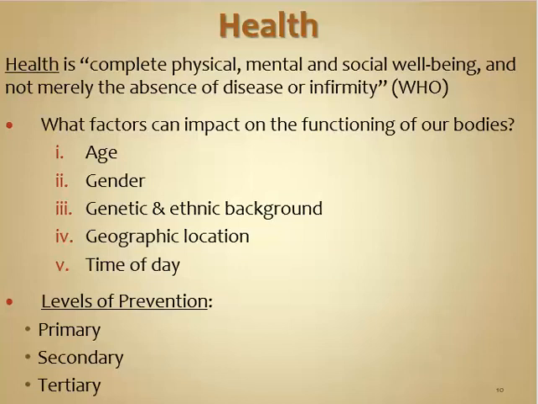Secondary is to prevent things where there are real predisposing factors and it's imminent. Tertiary is after you already have it and you are trying to get rid of it or make it not come back again.